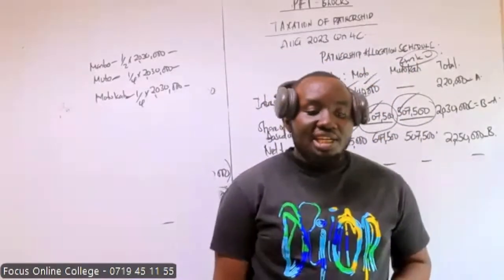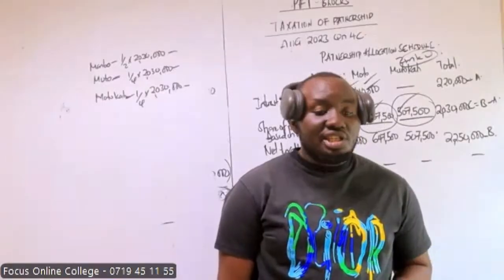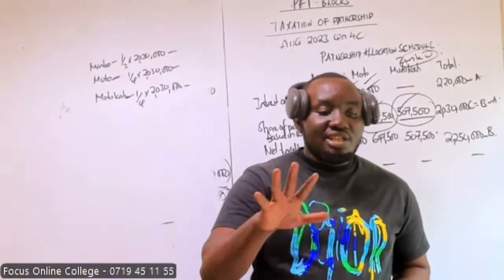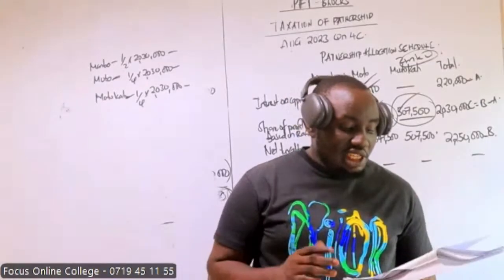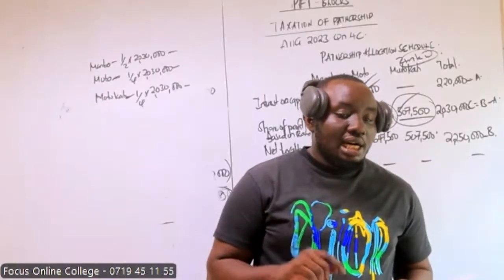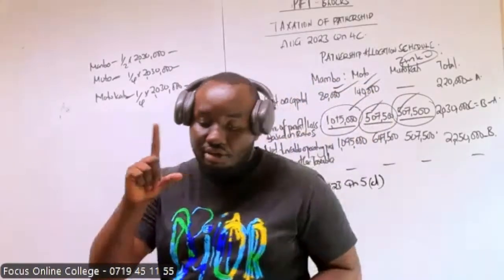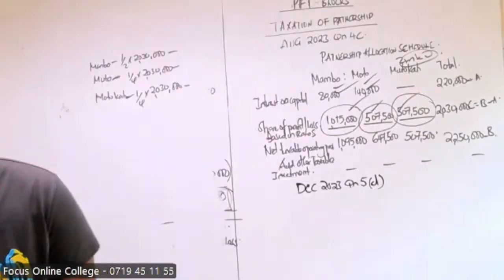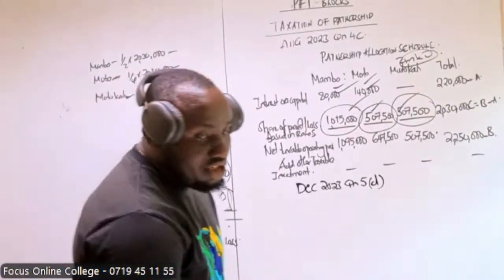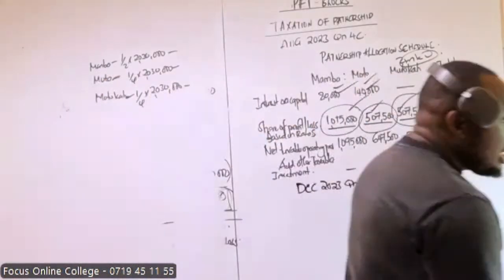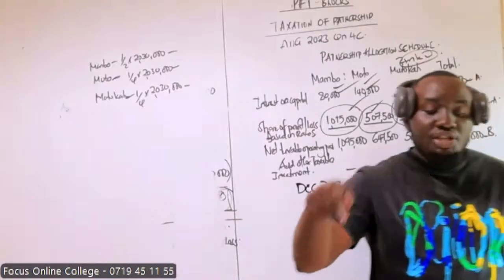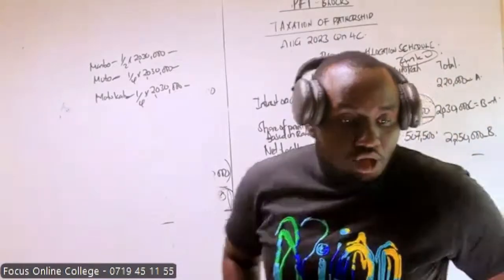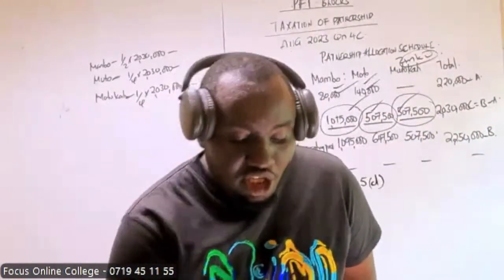No, that's a taxable income. Sundry receipt is a taxable income. Are we together? Give me a yes if you're together. So then we proceed to the next.